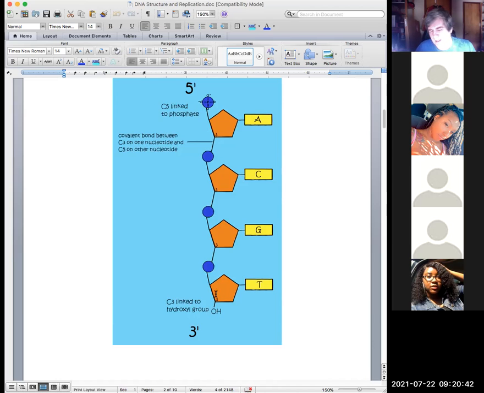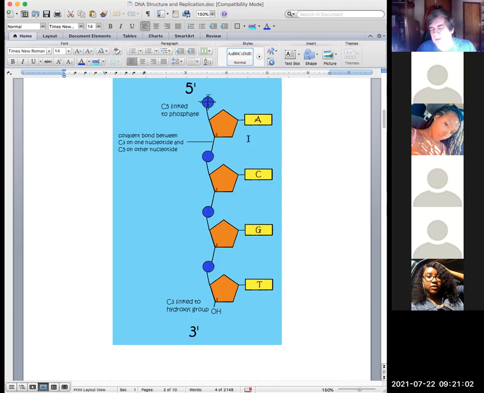The 3' end is just this carbon atom sticking out down here. So we always think of DNA, or RNA when we talk about it in a little while, as starting at the 5' end and going to the 3' end.